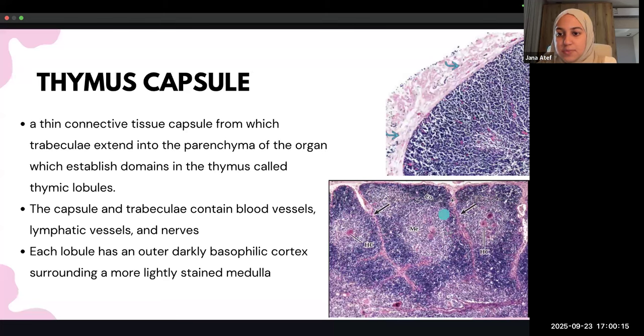The capsule is the one that separates them in the space, and usually inside it has some blood vessels. You're going to understand it more in the spleen. But for now, did you get it? Is it clear?